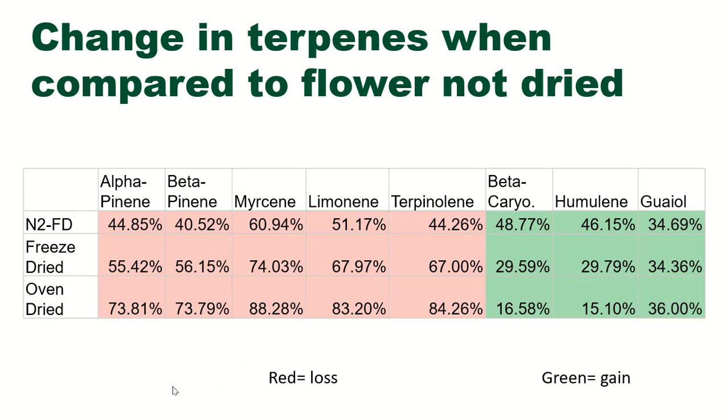If you would have asked me what I thought prior to this, I would have expected some movement, in 16-15% up or down. But when you're looking at numbers that are losing 83%, 50% of a certain terpene based off of the drying, it's pretty significant.